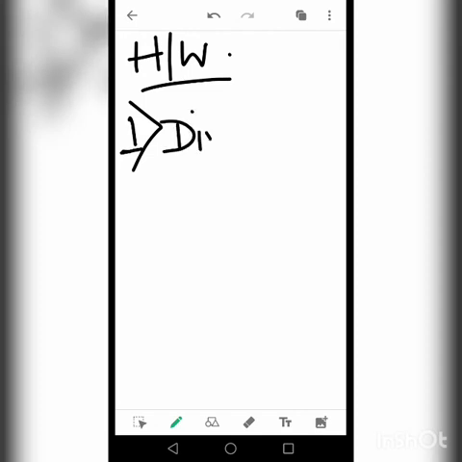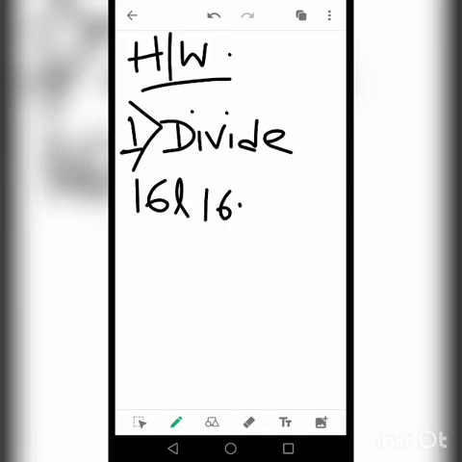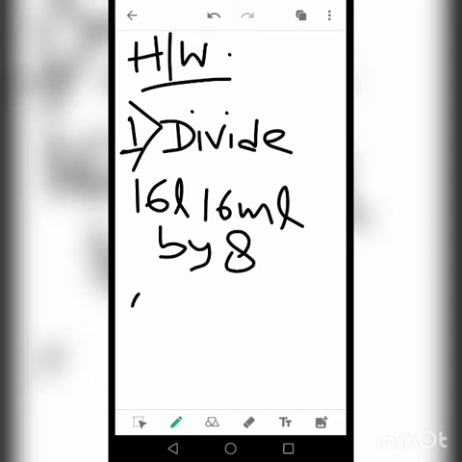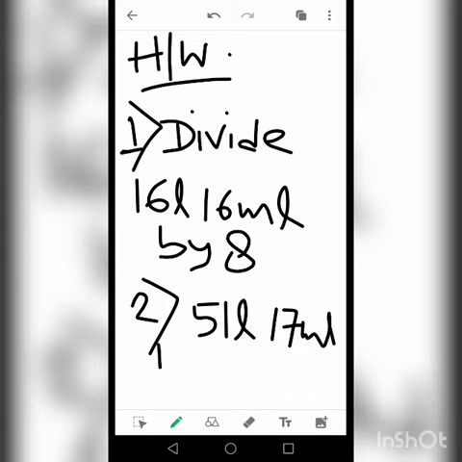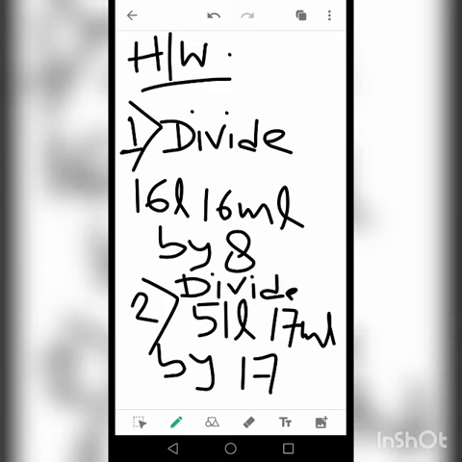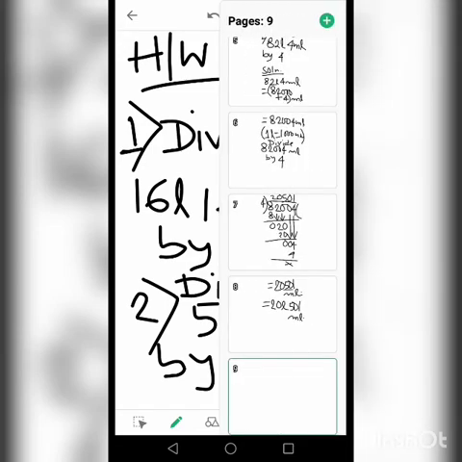Divide 16 liter 16 ml by 8. Number 2, divide 51 liter 17 ml by 17.